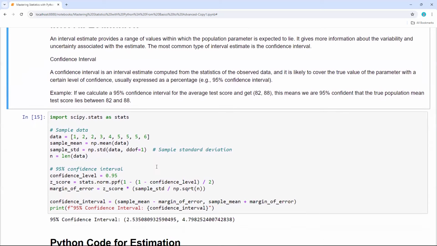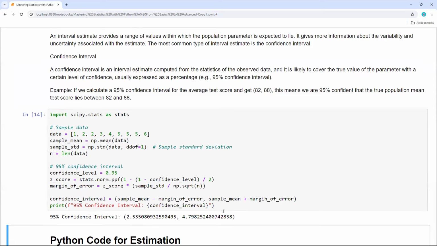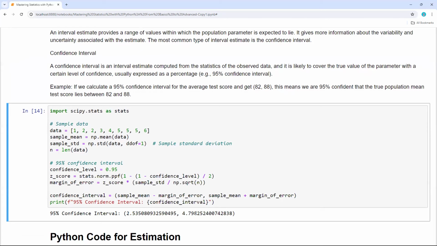So here we can see this with code. I have taken sample data 1, 2, 2, 3, 4, 5, 5, 5, 6. Then I calculated the mean and the standard deviation. Now I wanted to calculate the confidence interval. I am giving a 95% confidence level and a Z score. If I apply this, I'll get a confidence interval from 2.5 to 4.7.